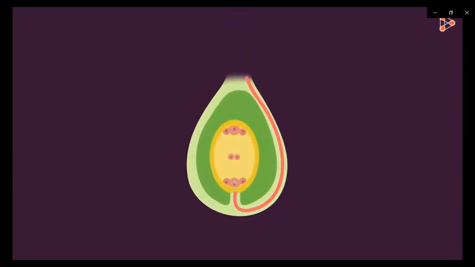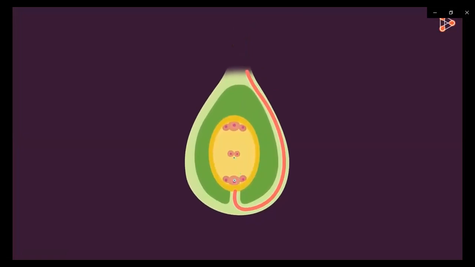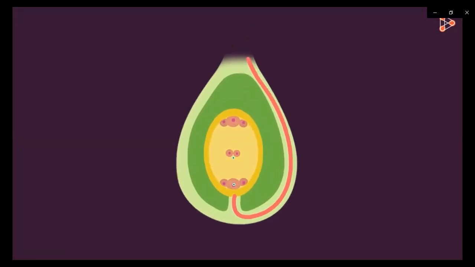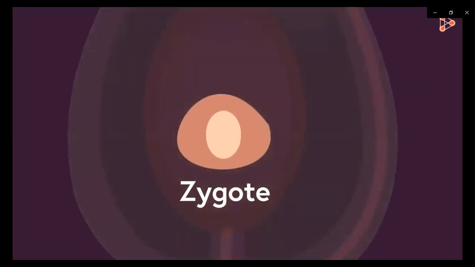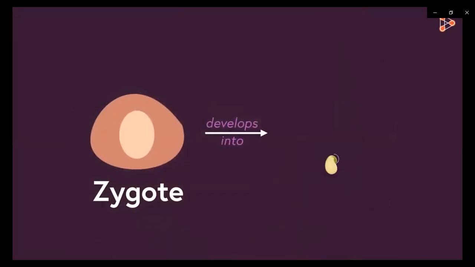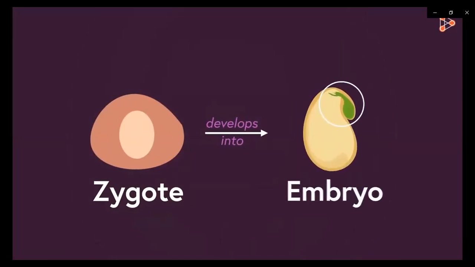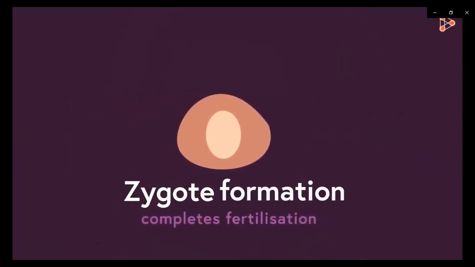The tube carries along the male gamete that is safely taken to the ovary. Now, once the gamete reaches the ovary, the two fuse, giving rise to the formation of a single cell. This is the zygote, and the zygote will further develop into an embryo. Zygote formation in plants marks the completion of fertilization.